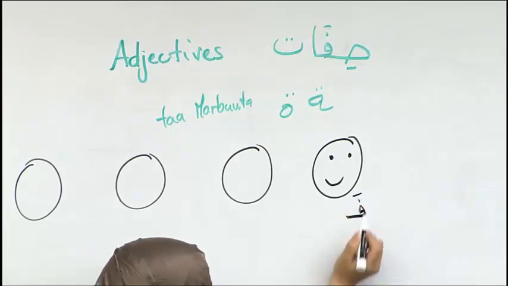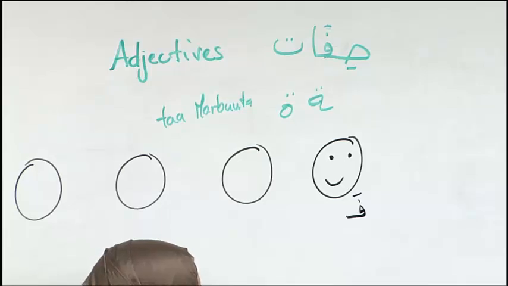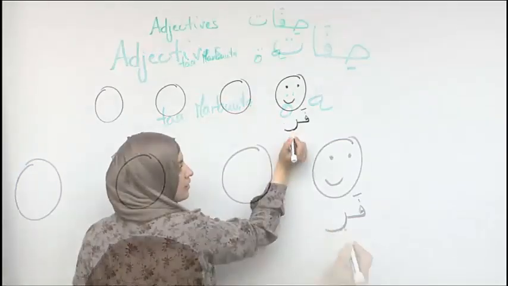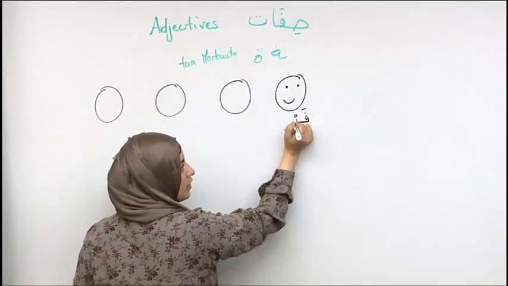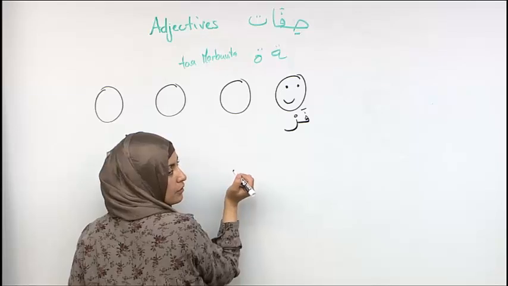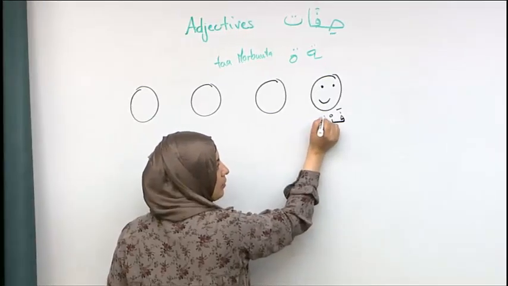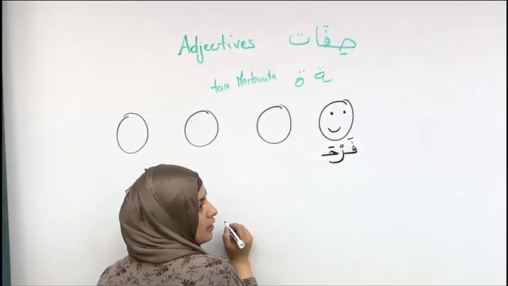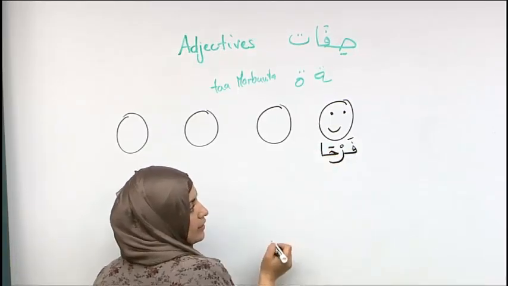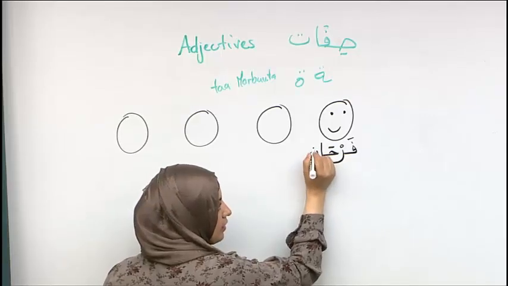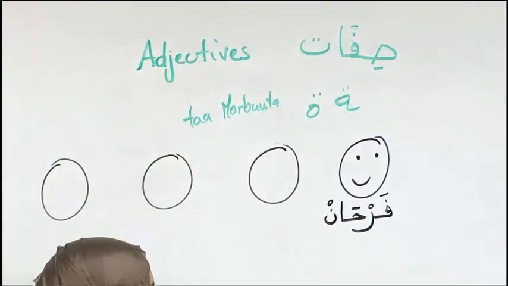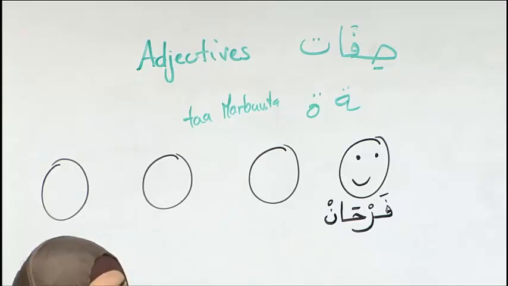What letter is this one? Fa. This one? R. And I'm putting sukun, so it is pronounced ra. How about this one? Ha. And alif. And then noon. Can somebody read it? Farhan. Mumtaz. Farhan. It means happy.